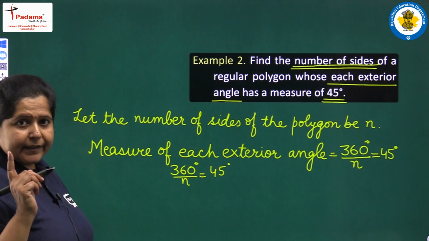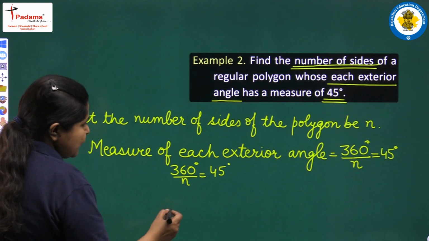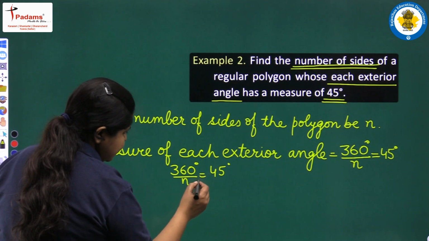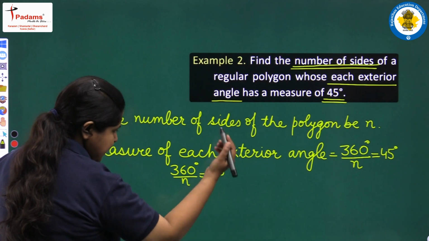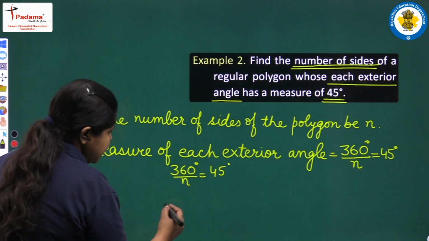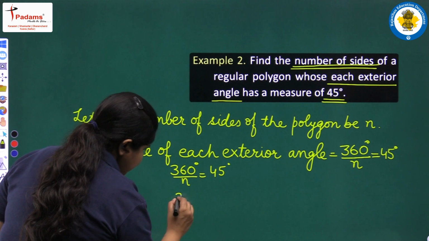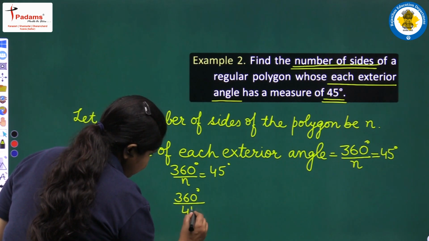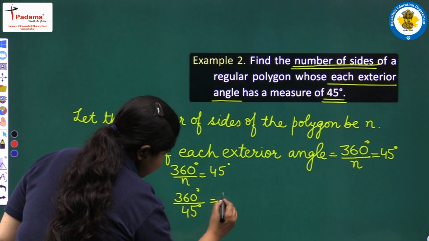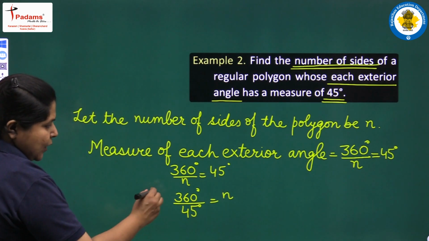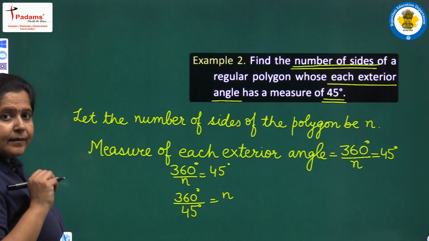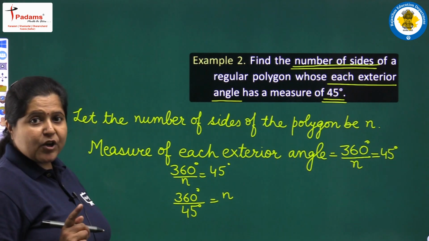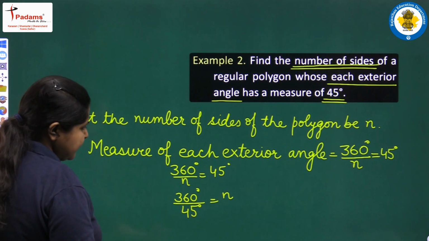Now, we have to find the number of sides. So, we can easily interchange this, n will go to the RHS and this 45 degree will come to the LHS in the denominator. This gives us 360 degree upon 45 degree equal to n. Now, we can cancel the two numbers because they both are multiples of 5. So, let us divide by 5.